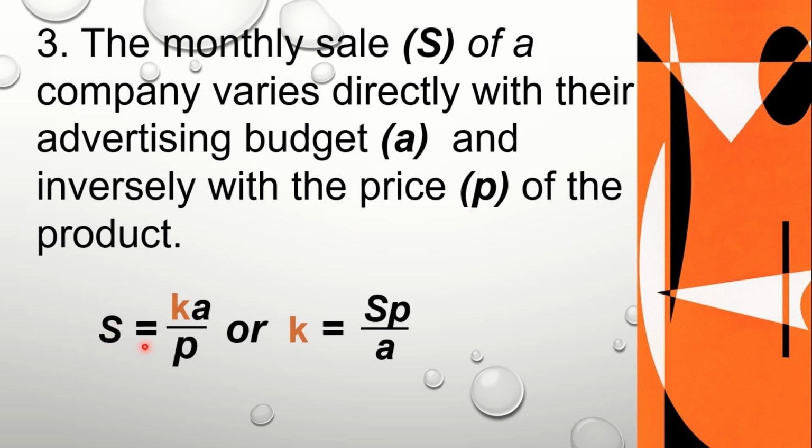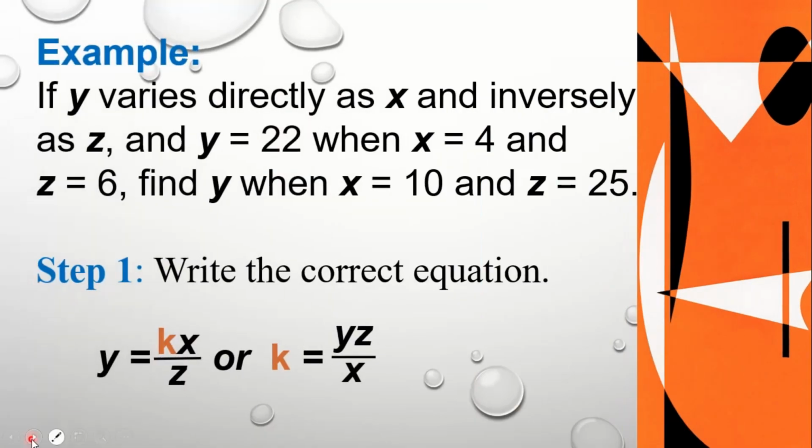So S is equal to K times A over P, or K is equal to S times P over A. Example: if y varies directly as x and inversely as z, and y is equal to 22 when x is equal to 4 and z is equal to 6, find y when x is equal to 10 and z is equal to 25.